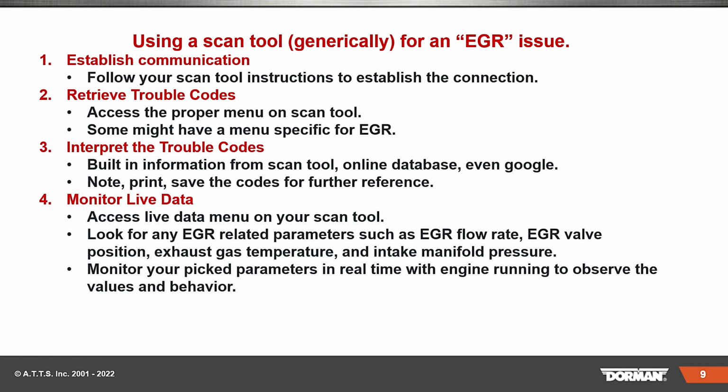But next, monitor the live data. Access the live data menu in the scan tool and look for any EGR related parameters: EGR flow rate, EGR valve position, exhaust gas temperature, intake manifold. Now monitor your PID parameters in real time with the engine running. If you open up your data, you can retrieve all the parameters, and of course I'm going to exaggerate, you're going to get thousands of parameters.